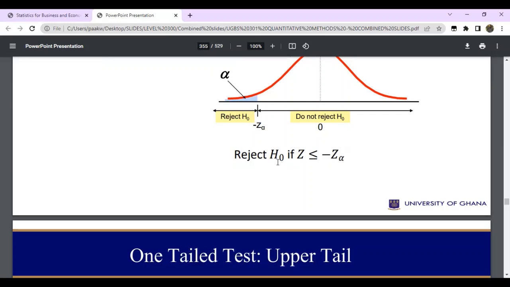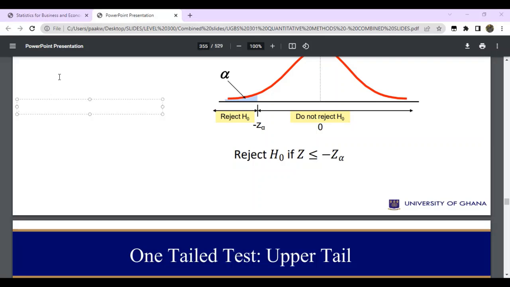And after solving for your Z computed, if it's greater than the critical value, it is the opposite of this, and you fail to reject. Okay, so let me give you the rule. Let me type it here.